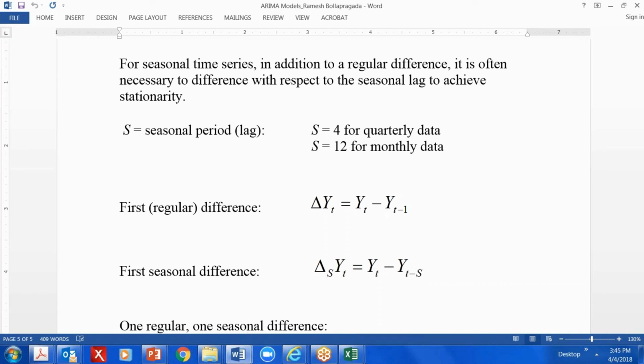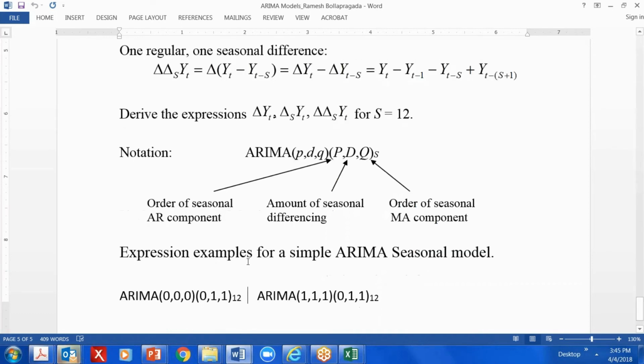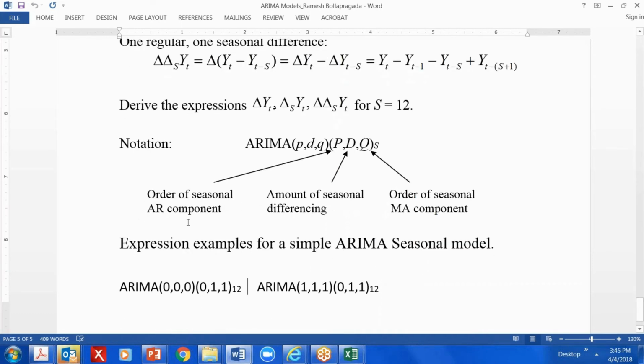You look at the actual demand for December 2017 and the actual data for December 2016. You take the difference of those two in order to get your first seasonal difference.